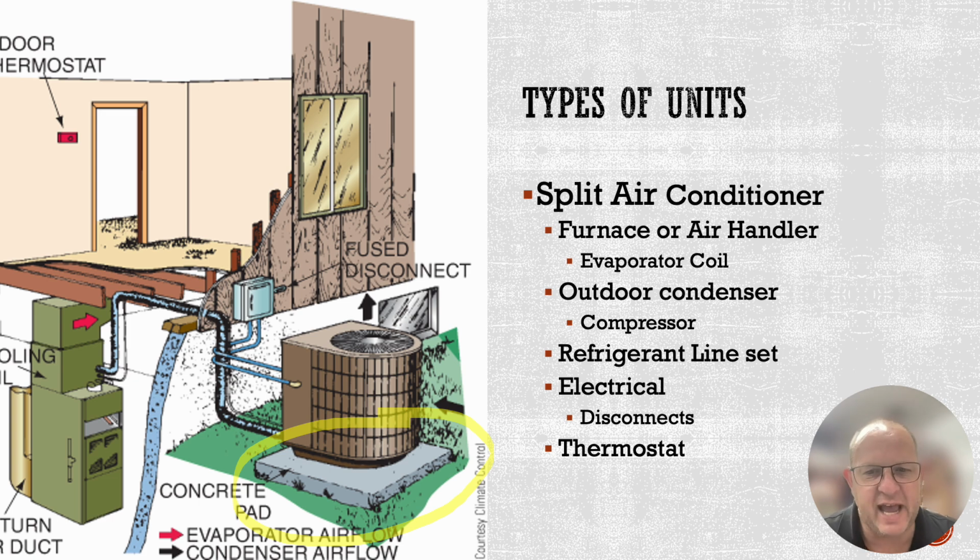Going into the service aspect of this field, whenever we approach any unit that is out of level, we want to make sure that we're carrying some sort of stone with us in a 5-gallon bucket so that we can lift that condenser up and actually level that condenser.